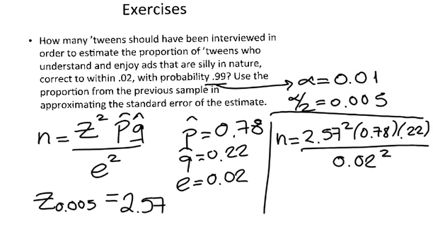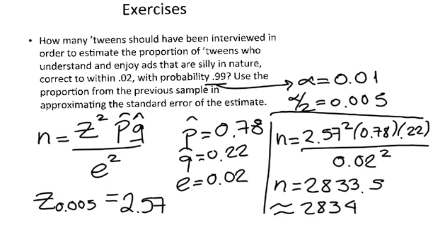So this gives you 2,833.5. It tells you that you should interview more or less 2,834 teenagers. So this is like double the number that you have already asked.